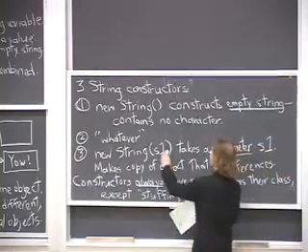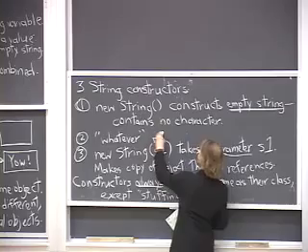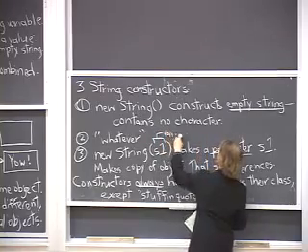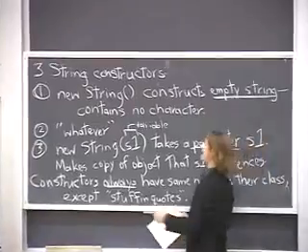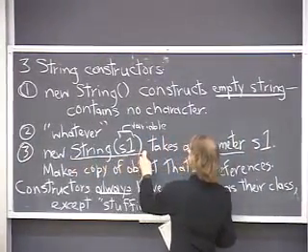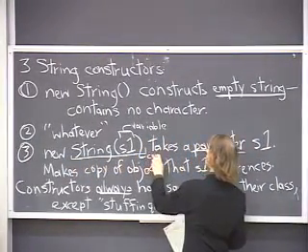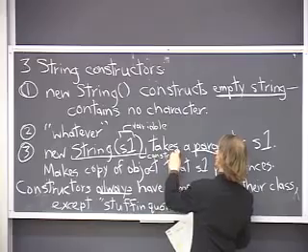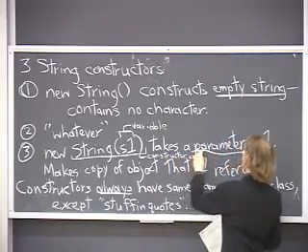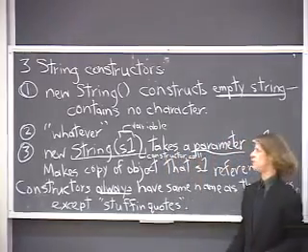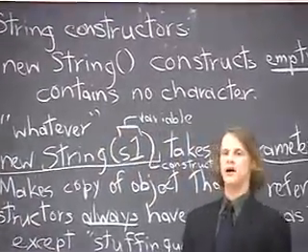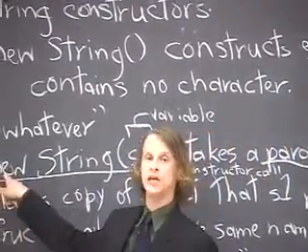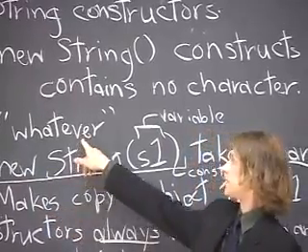Okay. Well, S1 by itself is a variable of type string. String S1 is a constructor call. Though I could sort of say that new string S1 is a constructor call too, because you're really only allowed to call constructors by using the new keyword in Java, except for this exception.